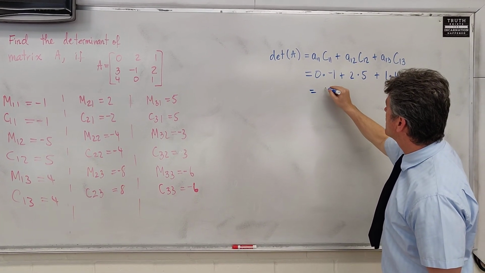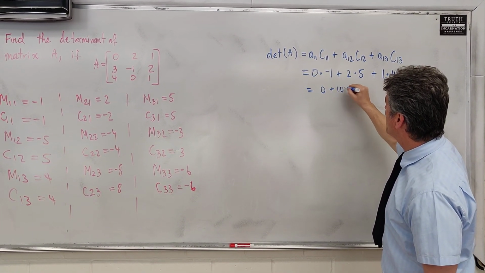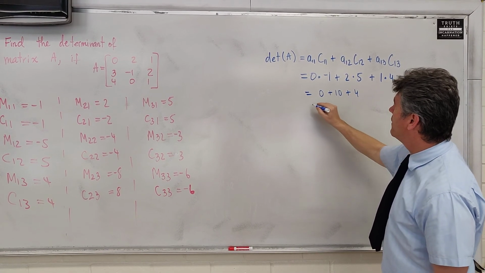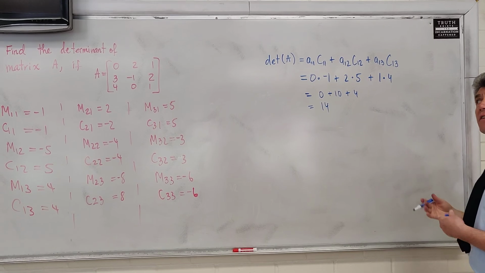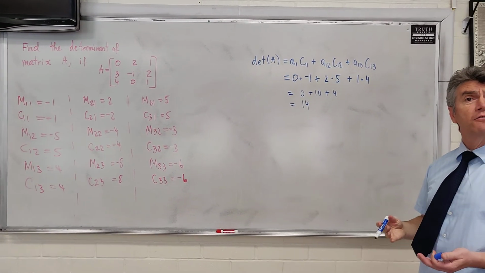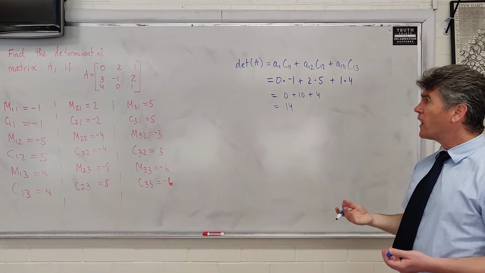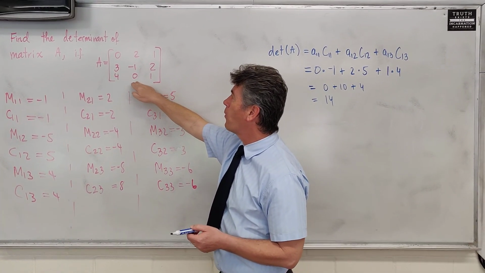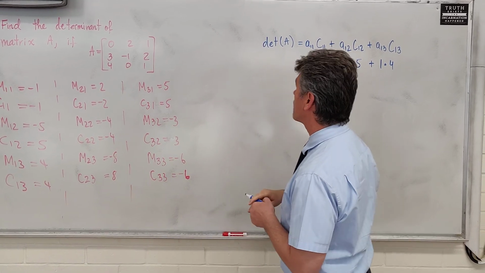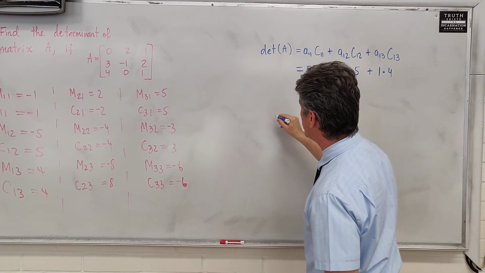This is equal to 0 plus 10 plus 4, which is 14. Like I said, the definition allows me to use any row or any column. Another good choice would be to use row 3. So let's use row 3 and see what happens then.